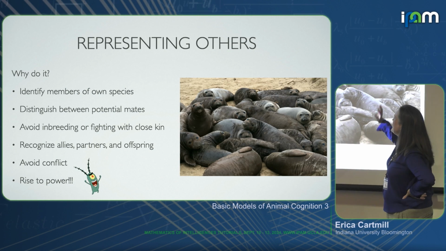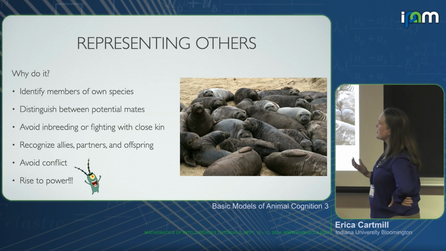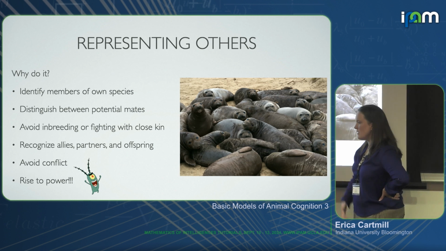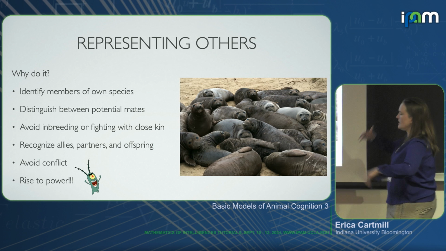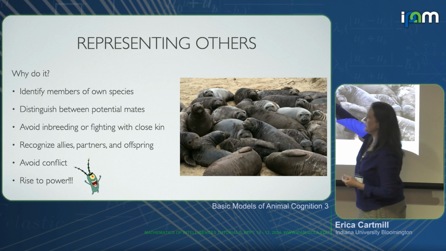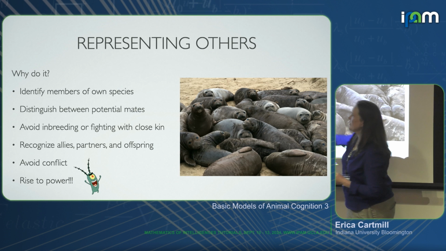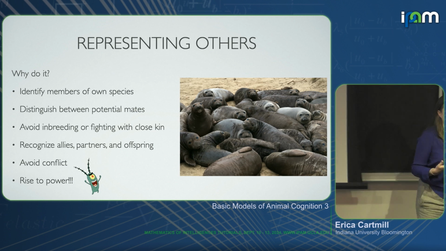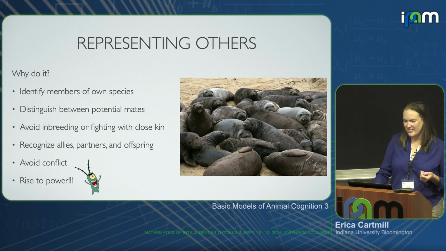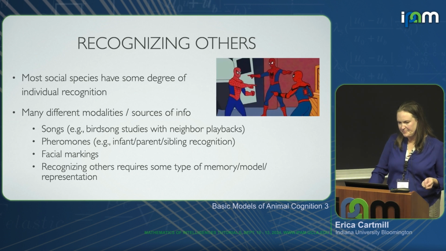Depending on the species, the level of sociality and the type of social structure, you might want to, and when I say you want to, I just mean the species might have been selected to have abilities that would allow them to identify members of their own species, identify individuals they're closely related to, distinguish between potential mates, recognize allies and partners, avoid conflict or initiate conflict, and rise to power.